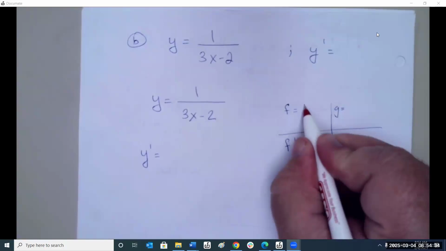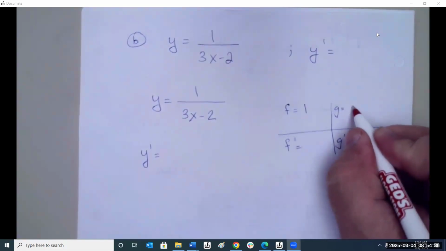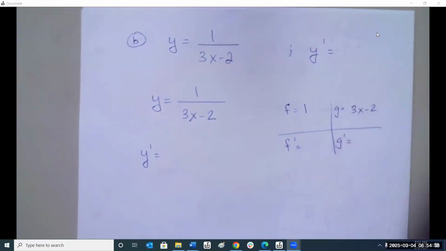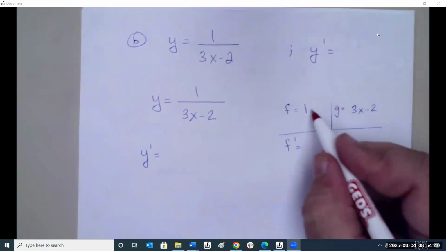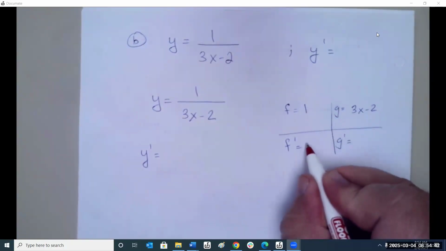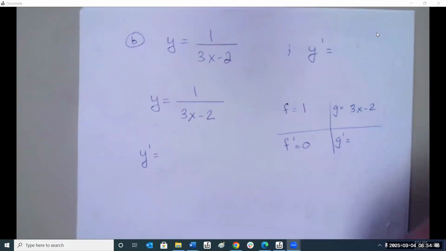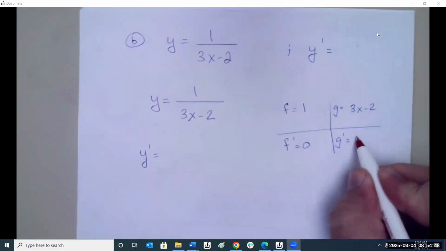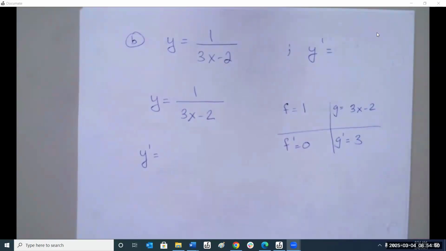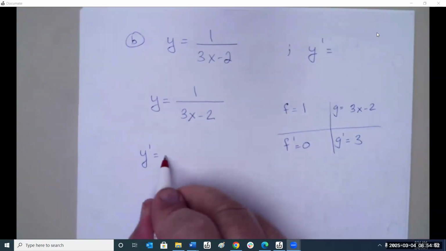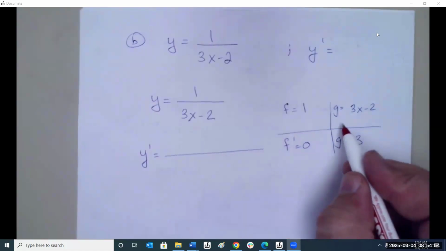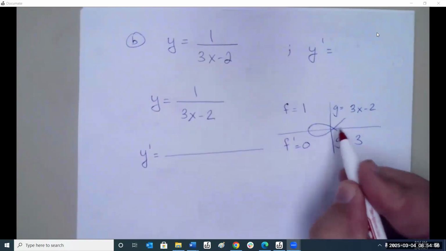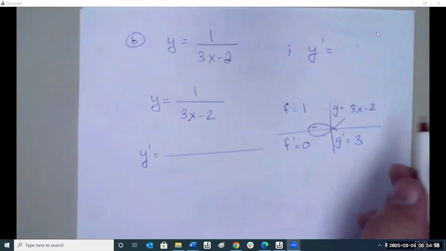So f is the numerator, g is the denominator. Derivative of 1 is what? 0. Derivative of 3x minus 2? 3. So since it's a quotient, it's a minus.